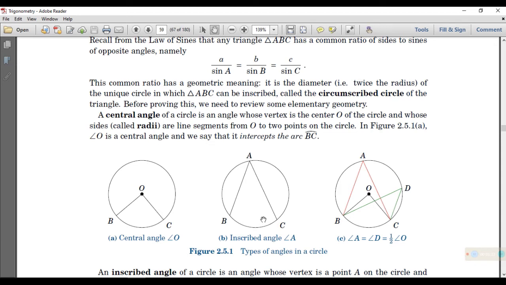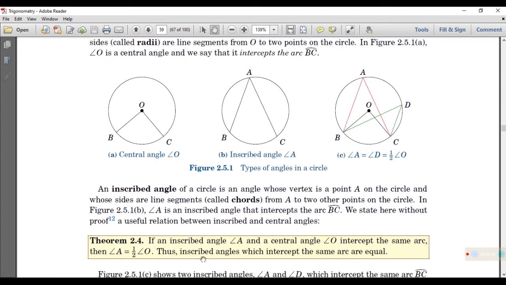Now, ano yung significance nito? Central angle, angle O, at saka inscribed angle A. So, meron tayong theorem. Ang inscribed angle daw ay kalahati lang ng measurement ng central angle. Earlier, we discussed about the measurement of central angles, and it is equal to the measurement of the intercepted arc. So, ang intercepted arc nila dito ay BC.